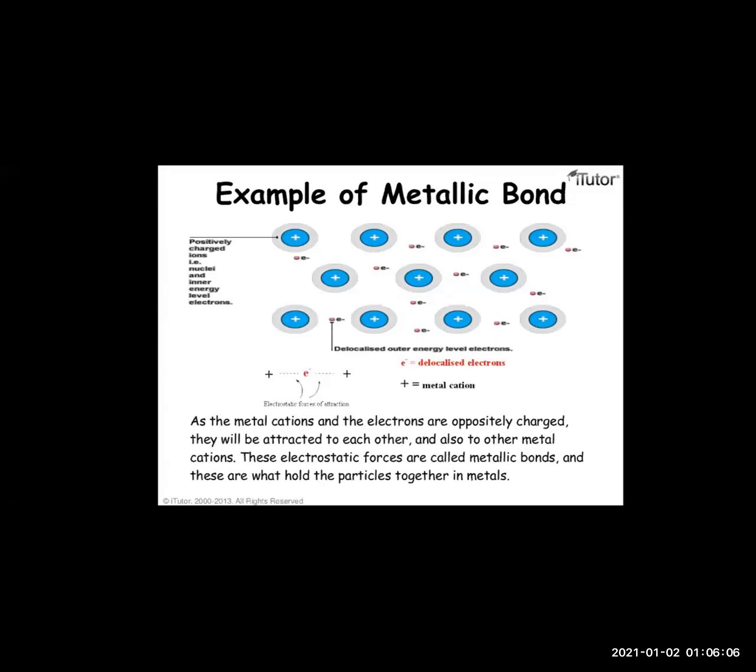As the metal cations are positively charged and the electrons are negatively charged, they are oppositely charged. So when there is attraction between each other, what happens? The metallic bonds are formed. And what happens in this reaction? They hold the particles together in the metal.